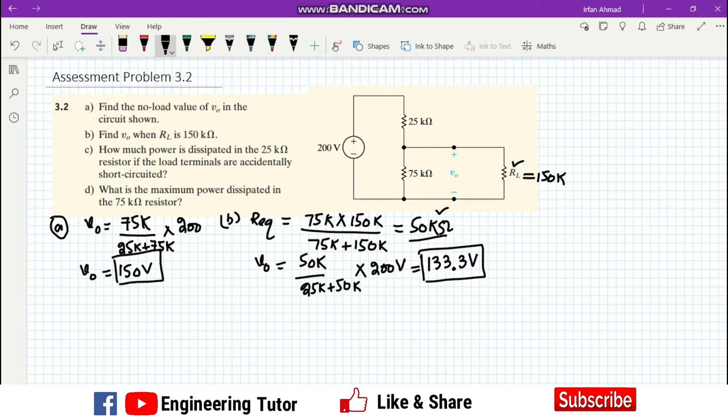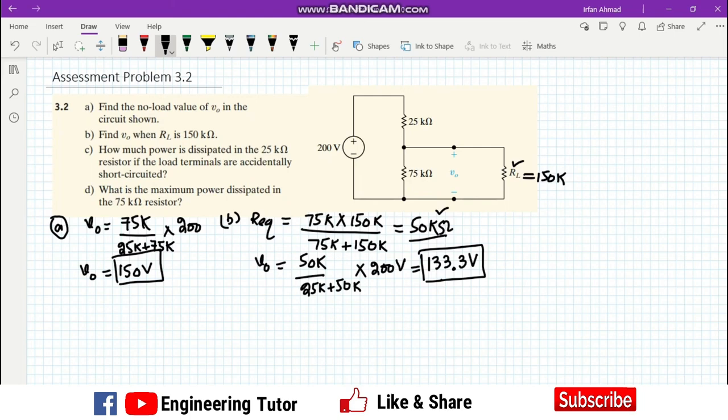So this is the loading effect. If you have designed a circuit and you connect any resistor or load to that circuit, the equivalent resistance will decrease, which will ultimately result in a decrease in the voltage across that resistor or load, which will certainly affect its performance.